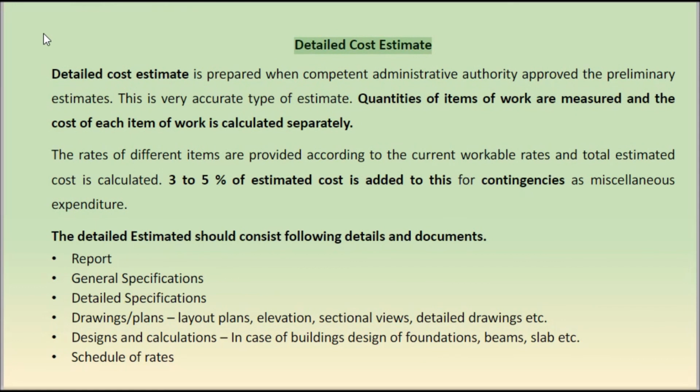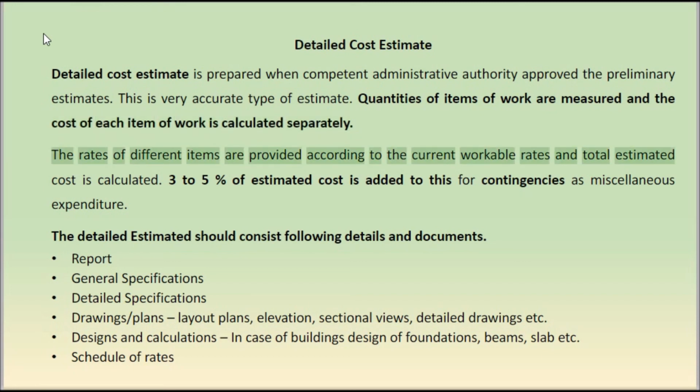Detailed cost estimate. Detailed cost estimate is prepared when competent administrative authority approved the preliminary estimates. This is a very accurate type of estimate. Quantities of items of work are measured and the cost of each item of work is calculated separately.